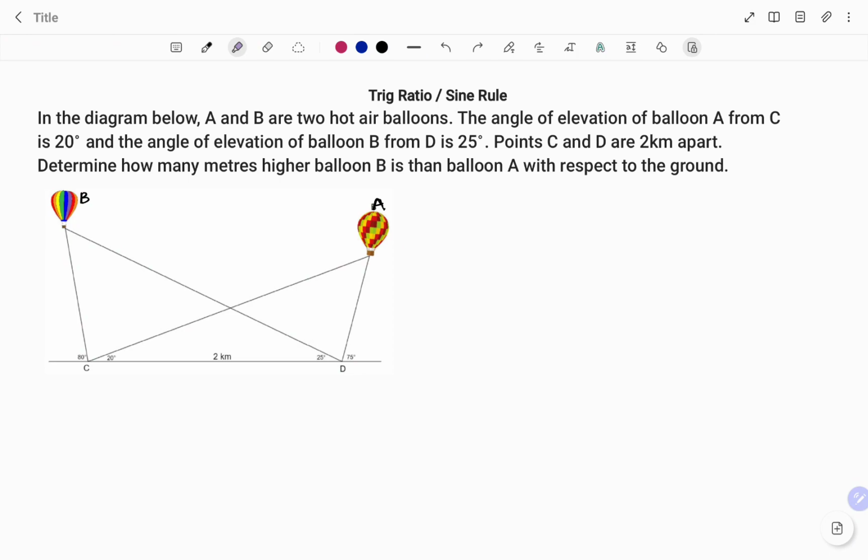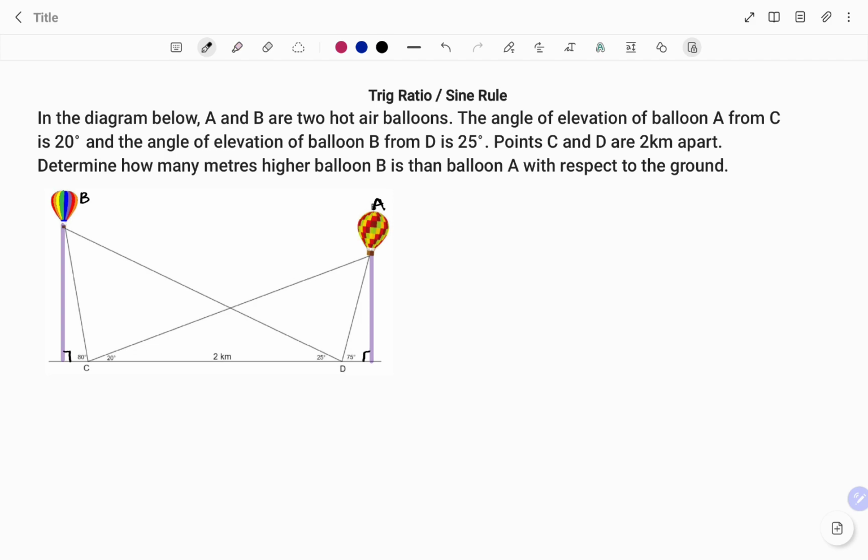To start with, I need to calculate the height of balloon B from the ground. Likewise, the height of balloon A from the ground. After calculating, I'll subtract the heights to know what the difference in height is. Because I've drawn the height perpendicular to the ground, this is angle 90, and likewise, this is angle 90.